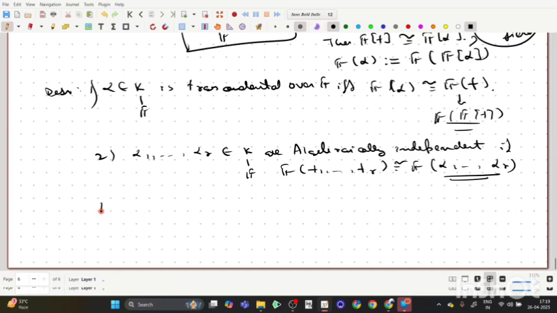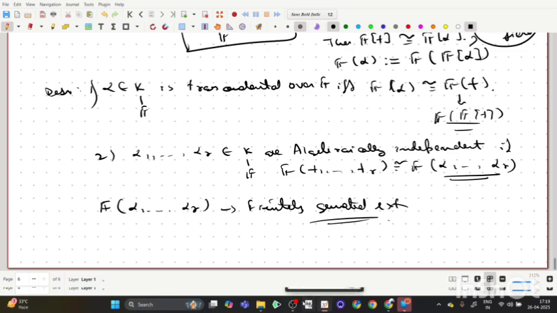If I have a field which is generated by a finite collection of elements, it is called a finitely generated extension. Is it clear for everyone? Fine.